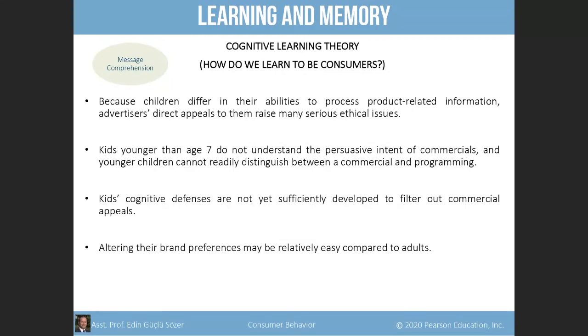This is why they easily change their food preferences, and they decide with their sensory inputs, which means what they see, what they hear, and what they smell. So this is the case with children.